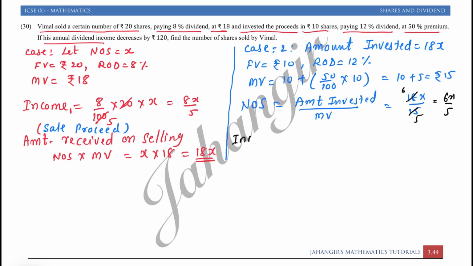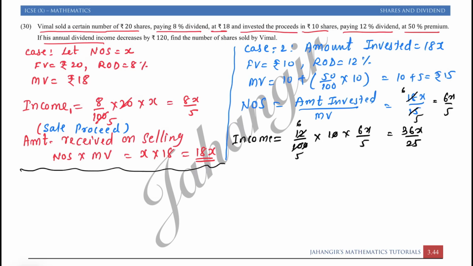Now I will find income. Income in the second case is ROD 12 upon 100 into face value into number of shares. 0 and 0 will get cancelled. 2 6s are 12, 2 6 2 5, so that is equal to 36x upon 25.